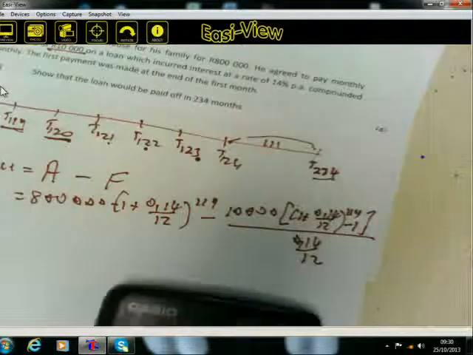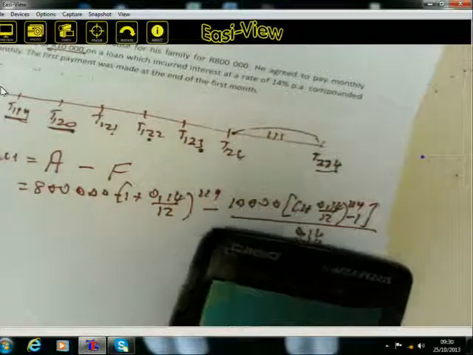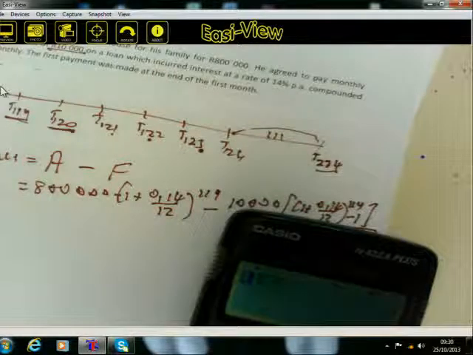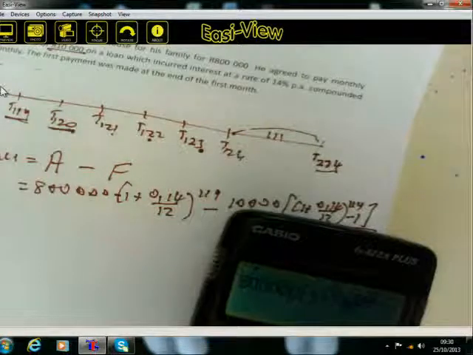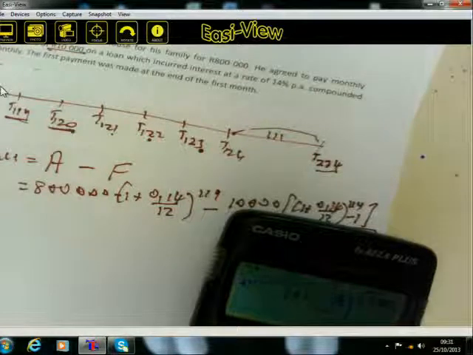Right. Now we can work out this. And now we say, okay, 800,000 into 1 plus the fraction there, 0.14 over 12, then to the exponent of what? 119. That was our last payment.